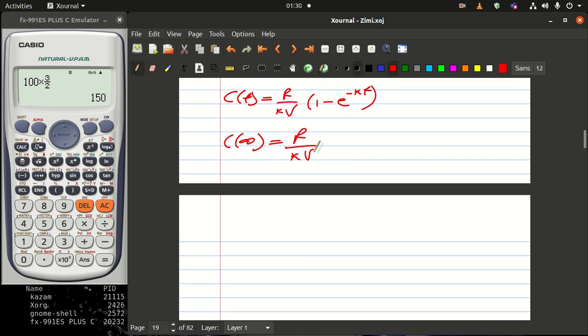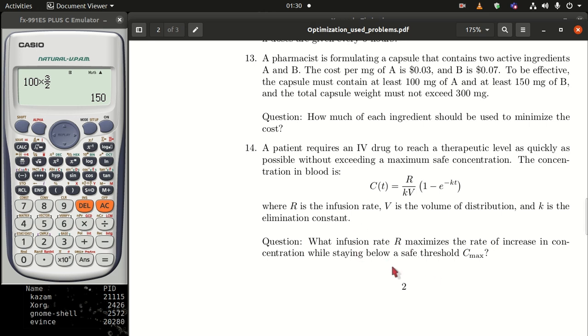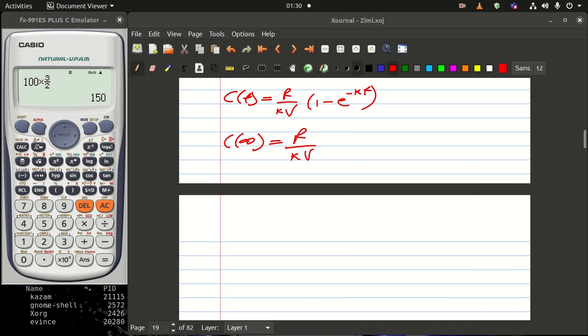Once you have this concentration, bear in mind that it must always be below the maximum concentration or maximum threshold. This is what the question is saying: what infusion rate maximizes the rate of increase in concentration while staying below a safe threshold Cmax? So we want to make sure this is always less than or equal to Cmax.